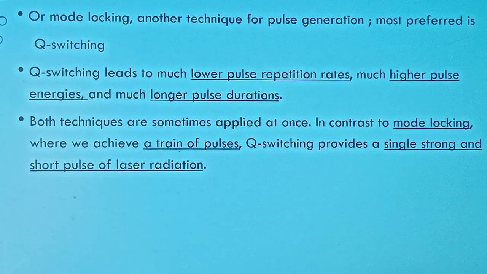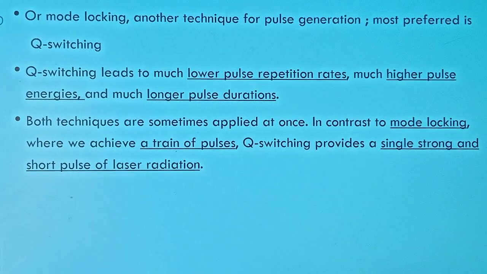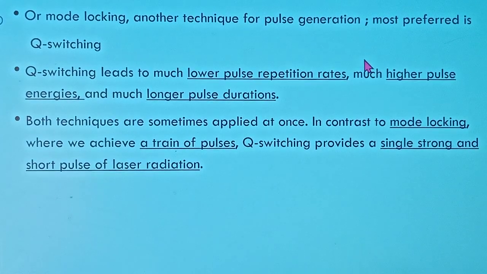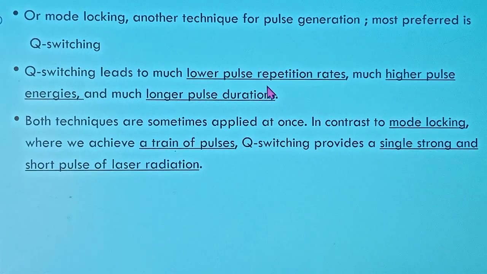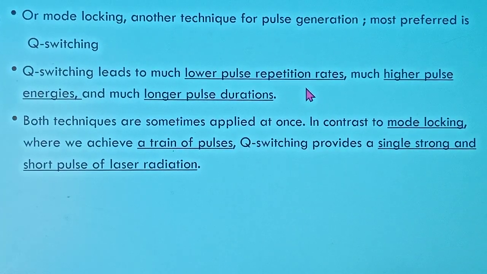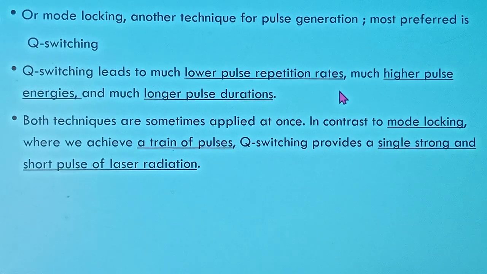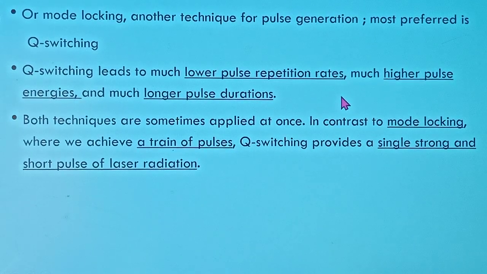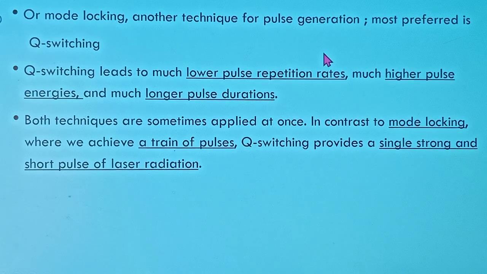Q switching is also known as the single pulse method. You have a very high energy of the pulse. Its repetition rate is very low. It means you get a very strong pulse, and after a very long duration only you can get another pulse.